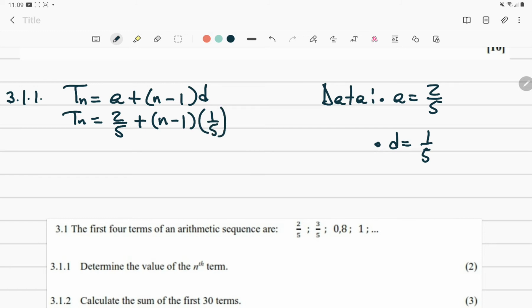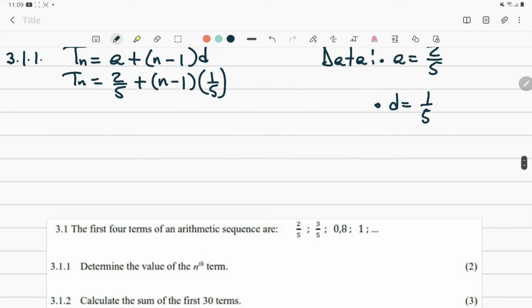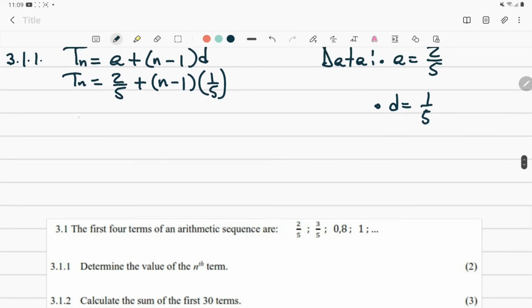From there, Tn equals 2 over 5 plus 1 over 5 n minus 1 over 5.